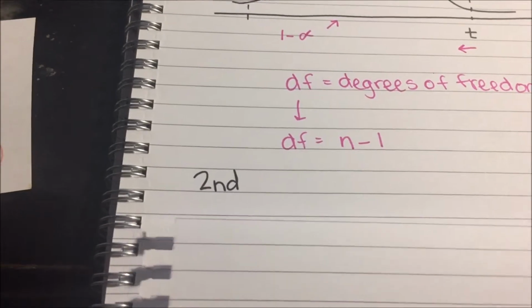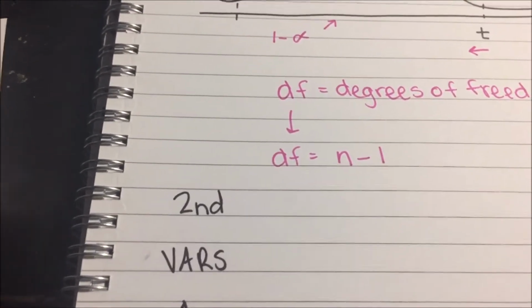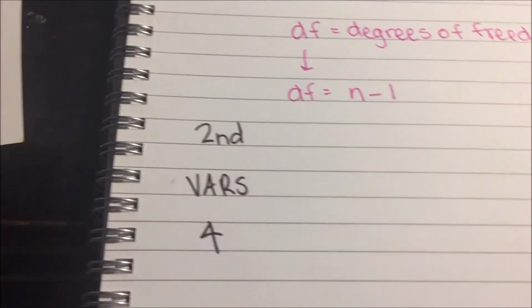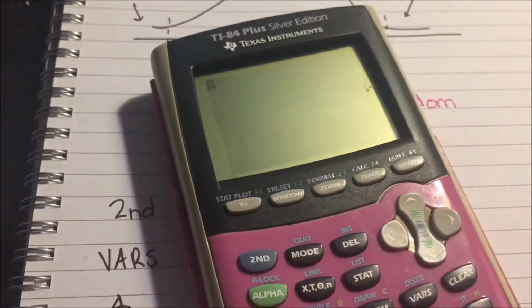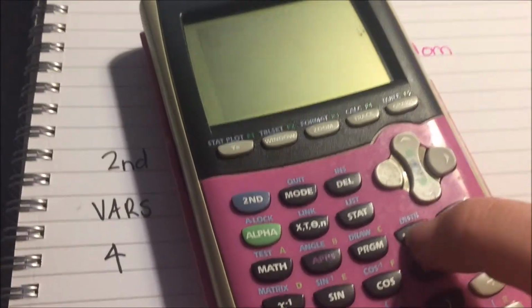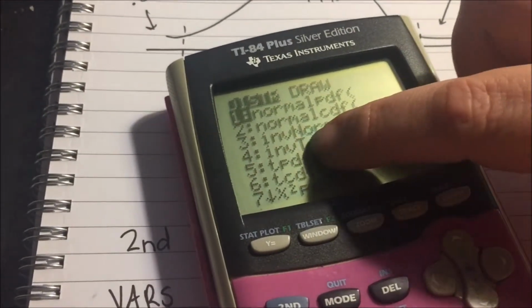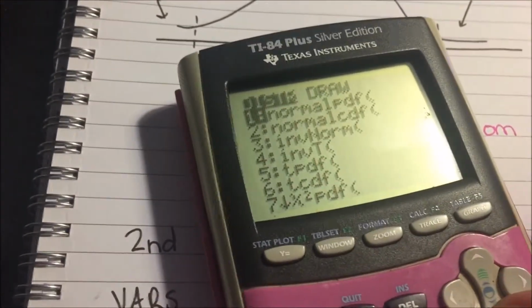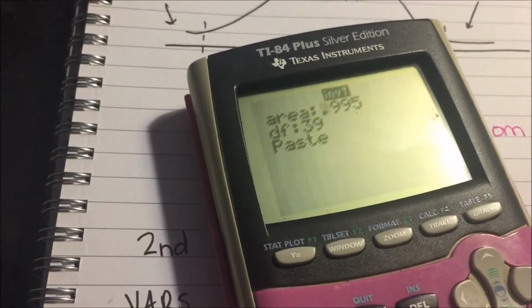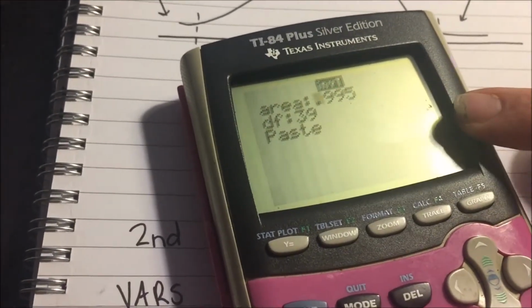In your calculator, you're going to press the second key, go to vars, and it will be option 4. Second, vars. Option 4 is INVT. That's where we're going. Yours may look different than this.